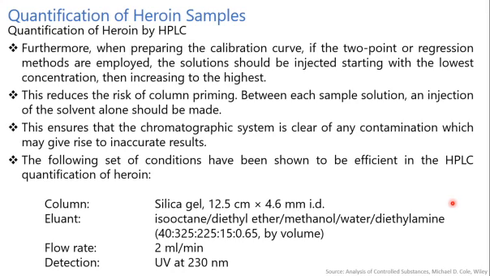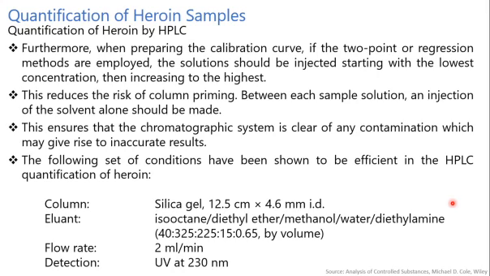Between each solution, an injection of the solvent alone should be made. What happens if we first inject the sample at the highest concentration is that some content will remain in the flow, and that's why there is a possibility of column priming, and that's why we have to increase the concentration sequentially. This ensures that the chromatographic system is clear of any contamination which may give rise to inaccurate results.